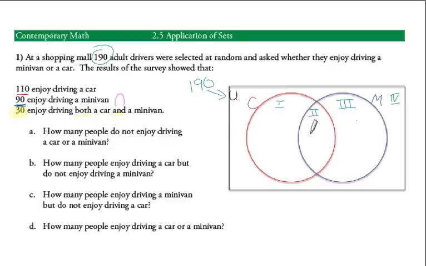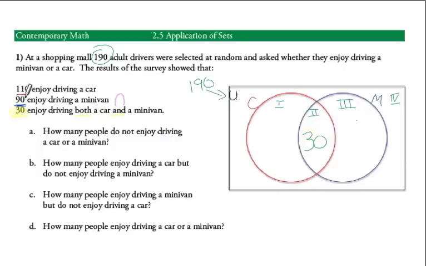It's going to go right here in region 2 with the intersection. So here we have 30 people who enjoy driving both a car and a minivan. So that's where we're always going to start, right here at the intersection. Then we work our way out.